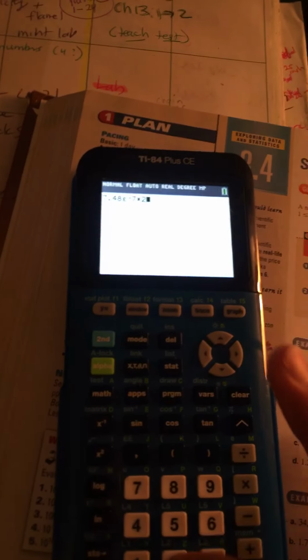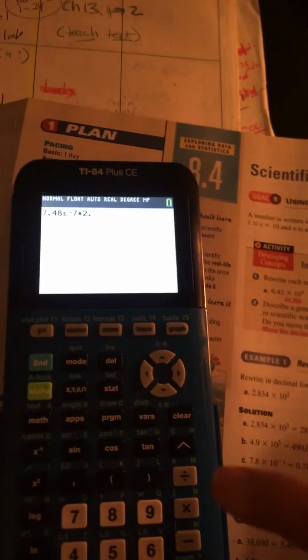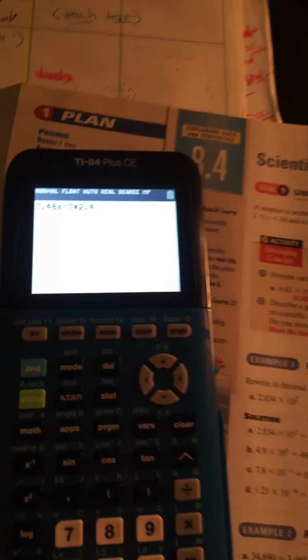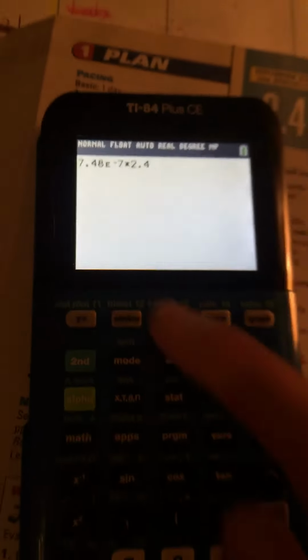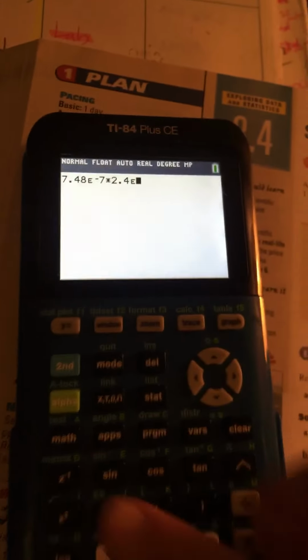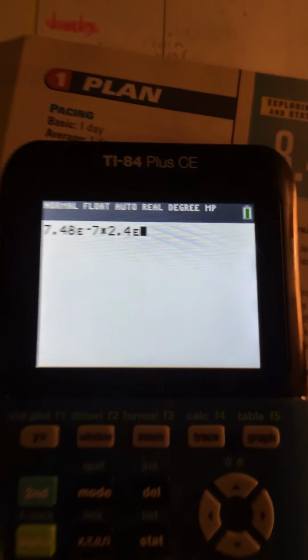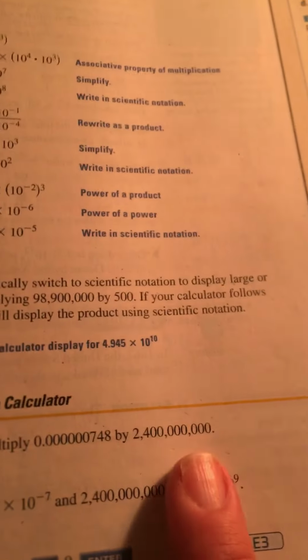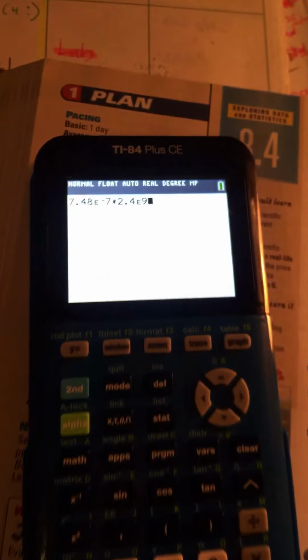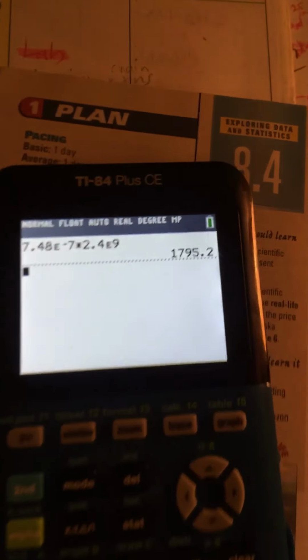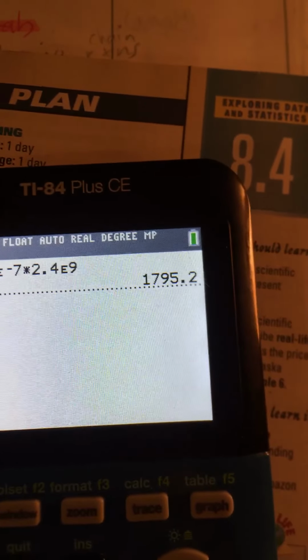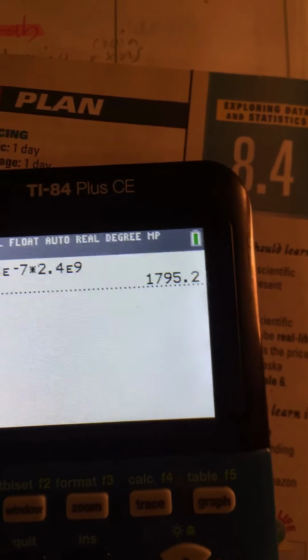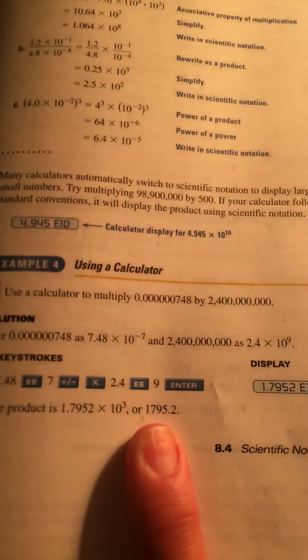So we're going to do 2.4 is our base. And now we say second comma for the E. And it's a real big number, so it's a positive exponent. We just put 9. Hit enter, and there's our answer. 1,795.2. And there it is.